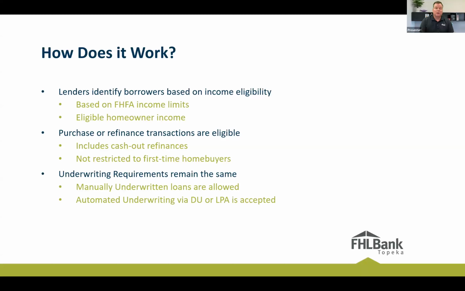Of course, if you use automated underwriting, you can continue to do so. Using Desktop Underwriter or Loan Product Advisor, you are able to then receive your approved eligible decision, follow the conditions of that approved eligible decision. Again, if that means reduced income documentation in your file, you are able to do so.